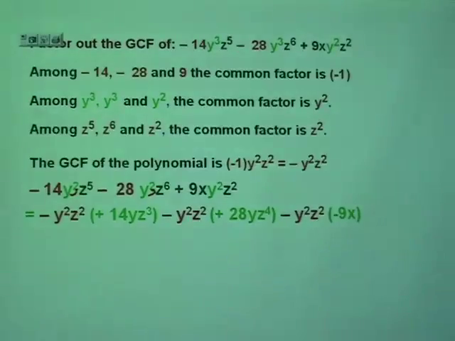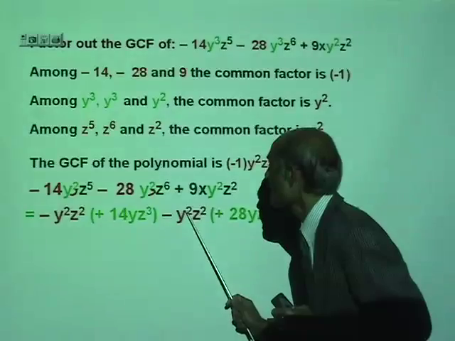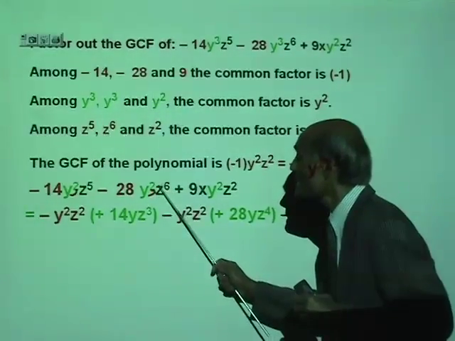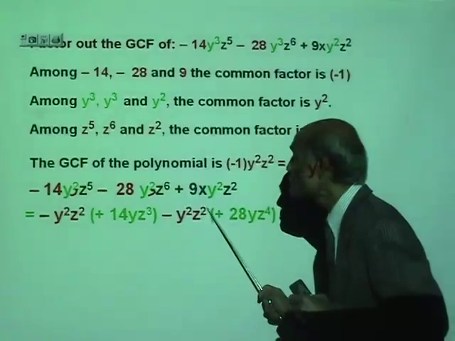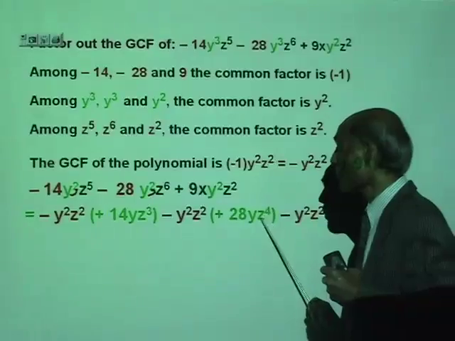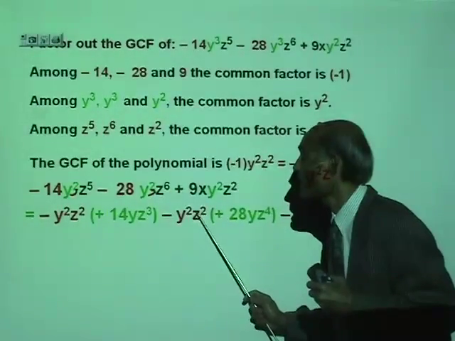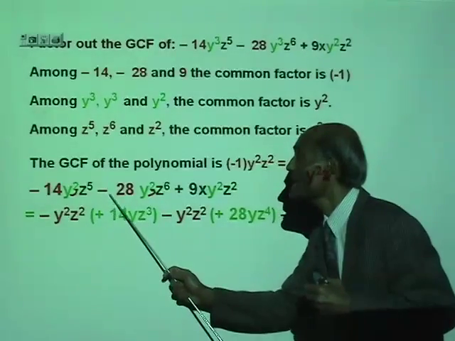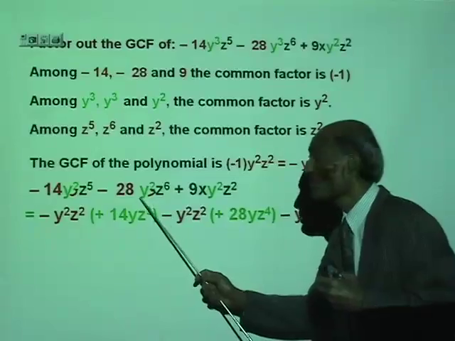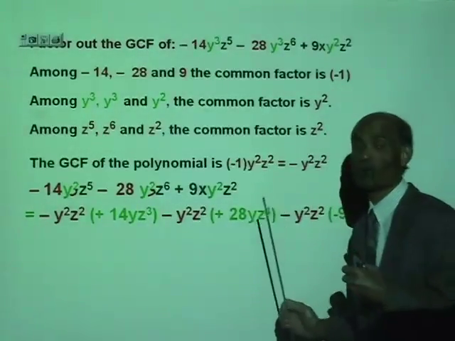So from y cubed, a y squared is factored out, leaving a y. Z to the 6th, you factor out a z squared. What is left is z to the power of 4. So after factoring out negative y squared z squared from negative 28 y cubed z to the 6, what is left is positive 28 y z to the 4.